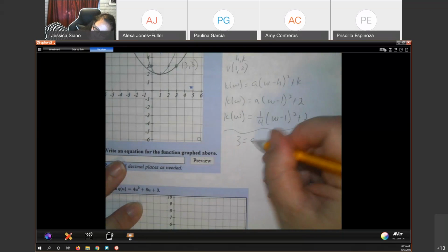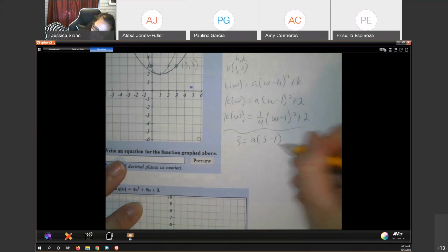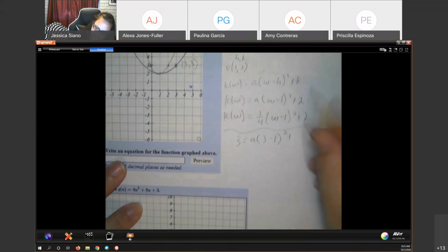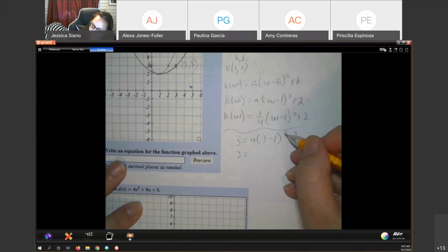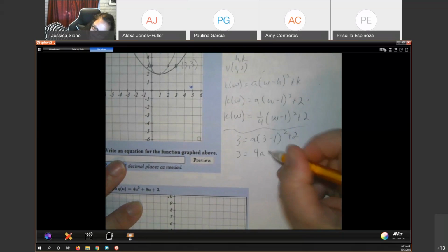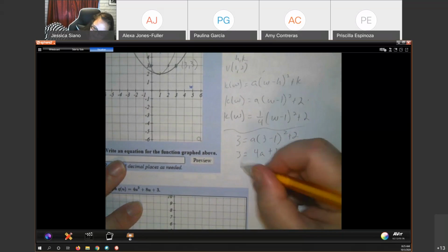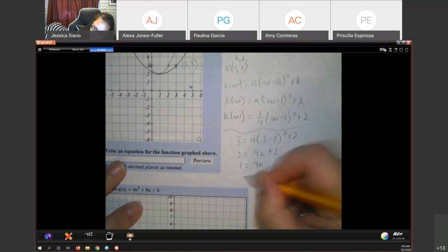So Y is 3 when X is 3. 3 minus 1 is 2. Squared is 4. Subtract the 2. Divide by the 4.